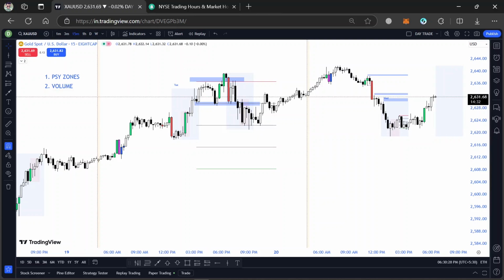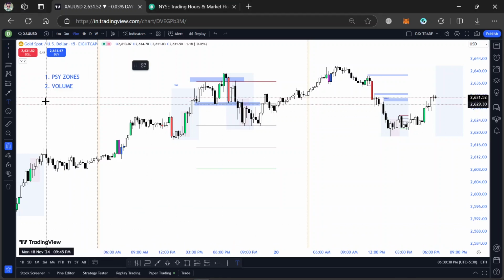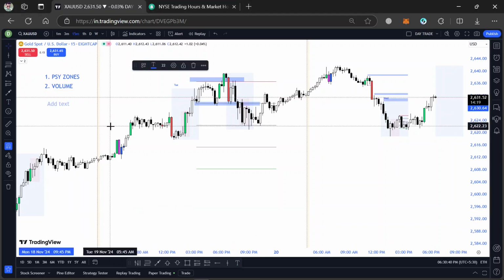The third point you should be emphasizing is the candlestick patterns. Candlestick patterns are also really important, so learn about candlesticks.